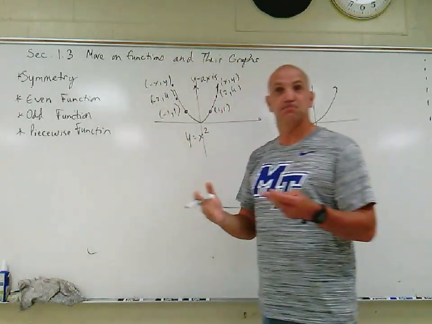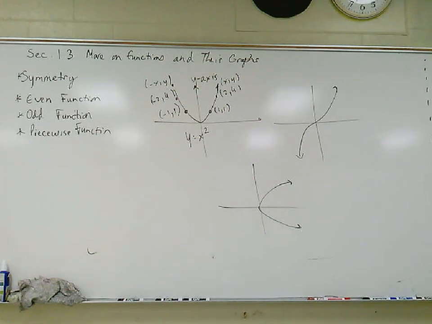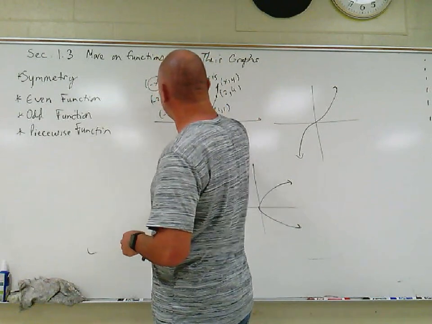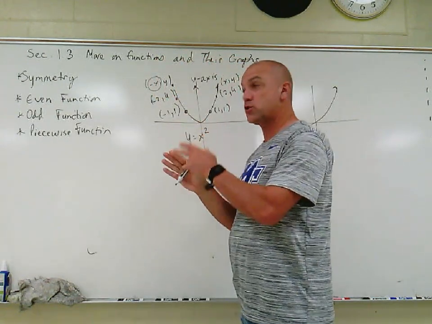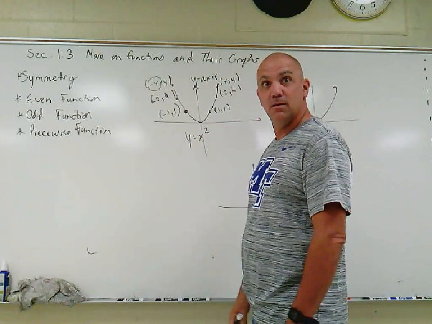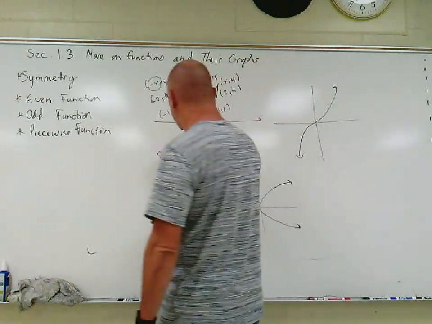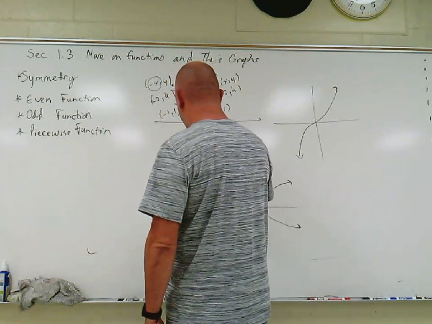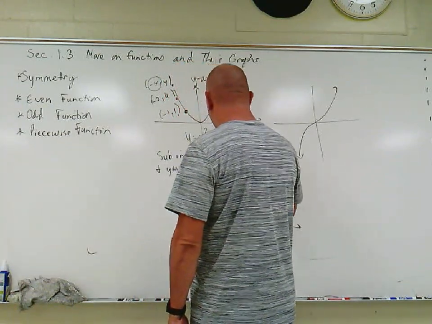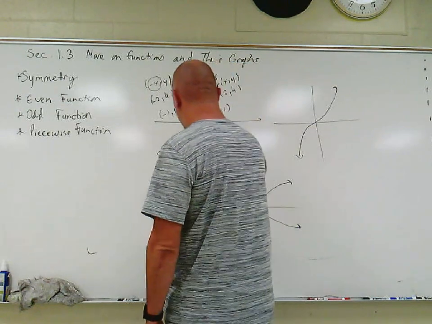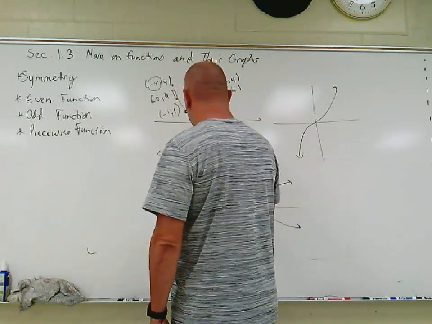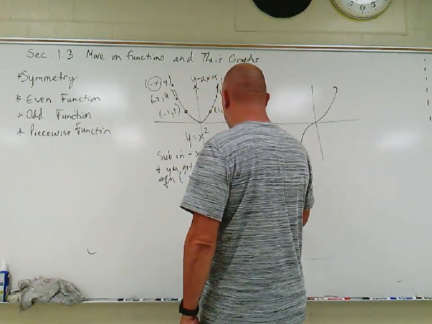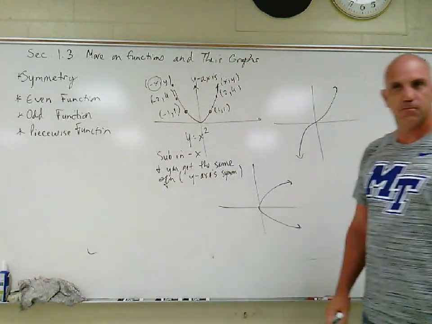And that's our test. So this is how you test to see if a function is even. If you plug in negative x, it should not change the equation. It should be the same equation you had. So if you sub in negative x and you get the same equation, then you have y-axis symmetry. Okay? All right.